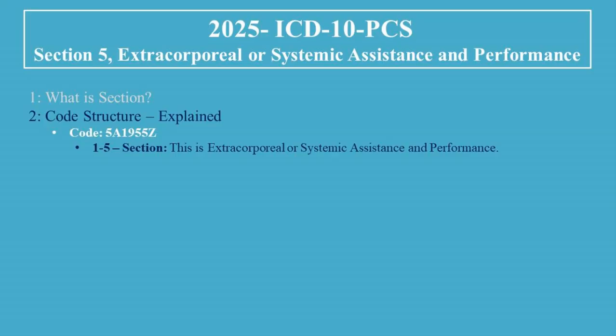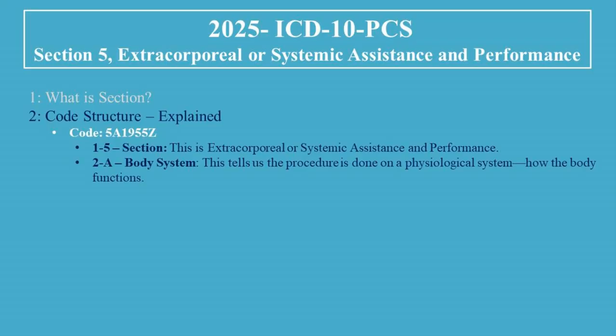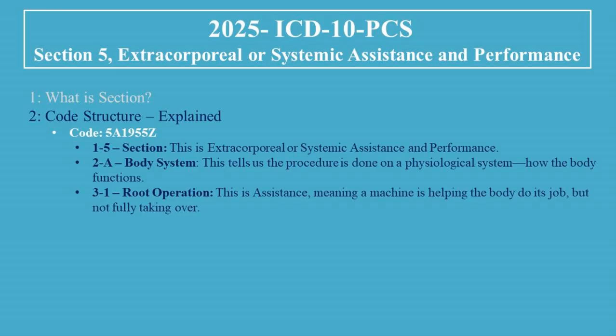This is extracorporeal or systemic assistance and performance. Second character, A, body system. This tells us the procedure is done on a physiological system, how the body functions. Third character, 1, root operation. This is assistance, meaning a machine is helping the body do its job, but not fully taking over.